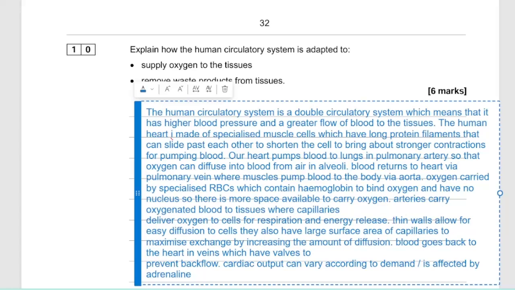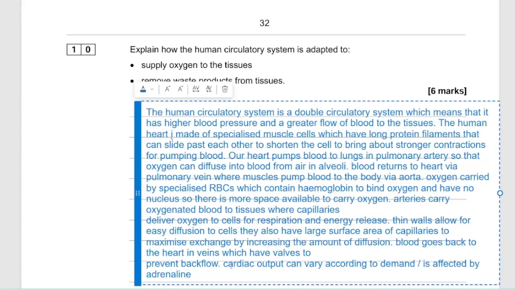And the thin walls of the capillary, one cell thick, allow for easy diffusion to cells, with the large surface area of capillaries to maximize exchange by increasing the amount of diffusion. And then blood goes back to the heart in veins, which have valves to prevent backflow.